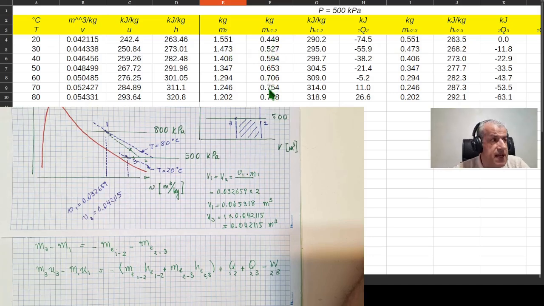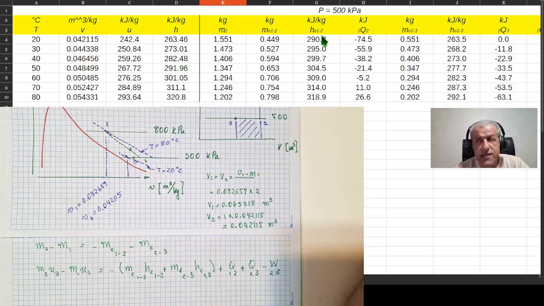This column tells us, for any of these temperatures, what's the mass at point 2 and how much mass has left. Our control volume between points 1 and 2 is basically 2 minus any of these values.